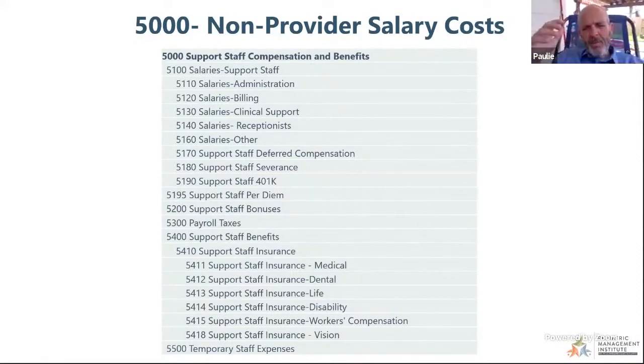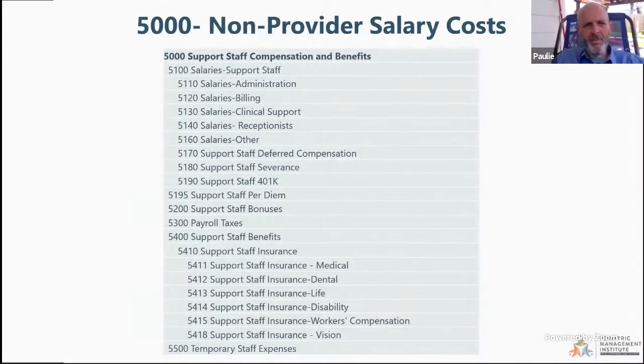This will require that you set up some things within your payroll system. And if you tend to just lump it all together, then you can just rely on your payroll system to spit out the reports on a periodic basis. But if you want to see it on the profit and loss report and be able to track it, we need to have those granular buckets or chart of account categories in order to make this work. So we also want to identify any of the practice expenses related to health insurance and dental and life or any other benefit that you may be offering. So anything related to the cost of the staff, I'll just have to look in this one location, 5,000 series.